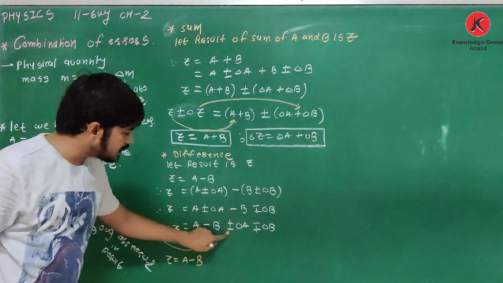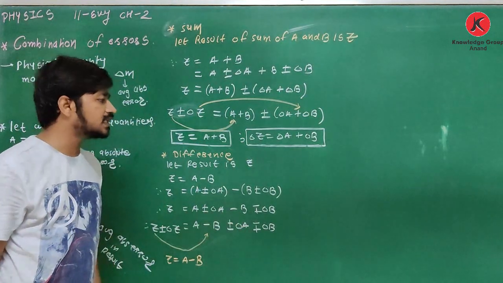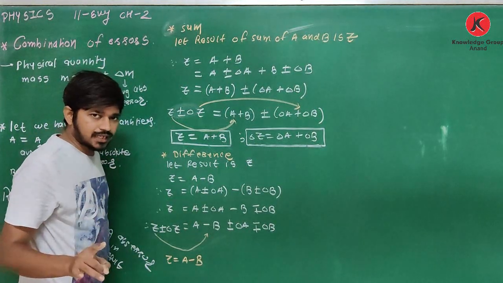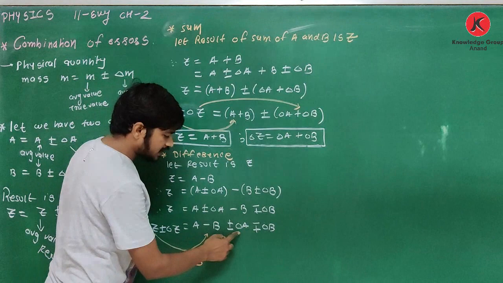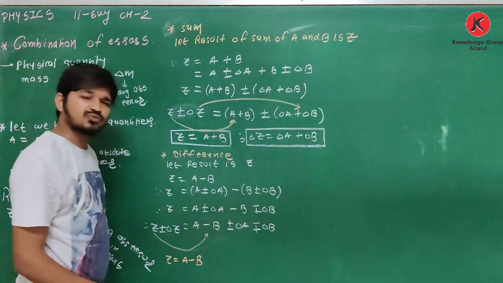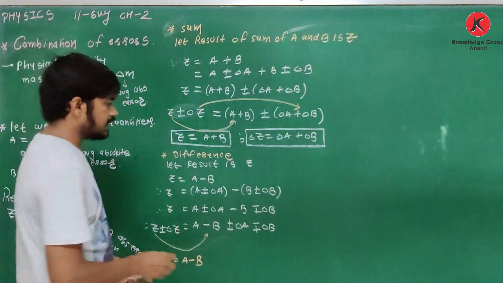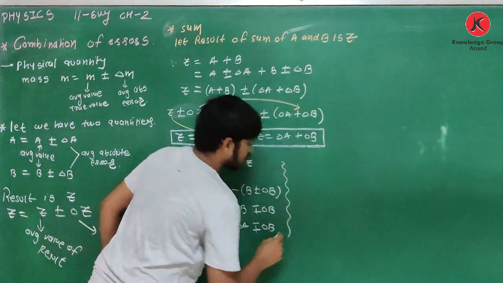Here it is plus or minus delta A minus plus delta B. So see, take care, here plus or minus delta A minus plus delta B means we will have 4 probabilities. How 4 probabilities? See, here it is.